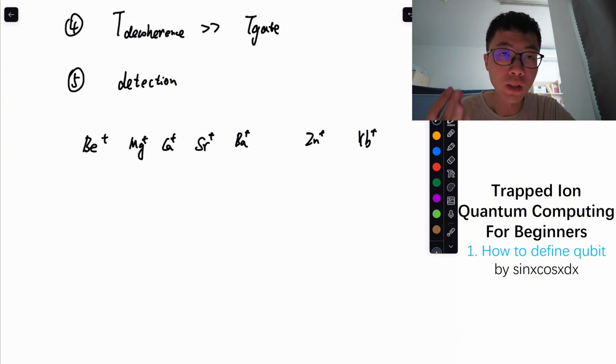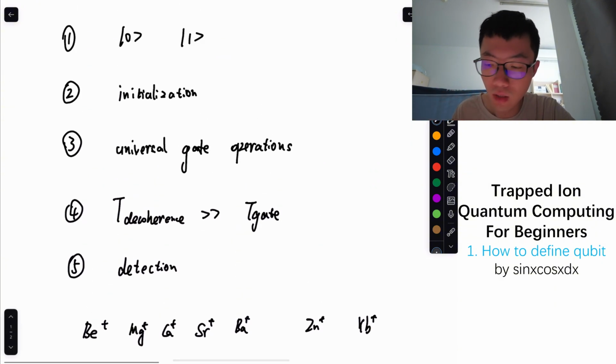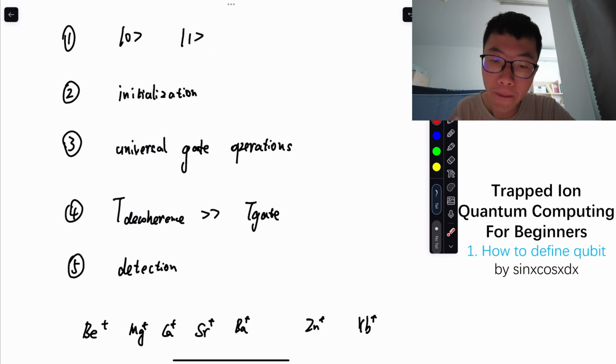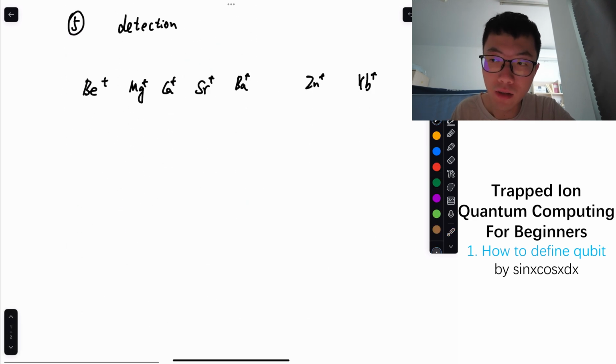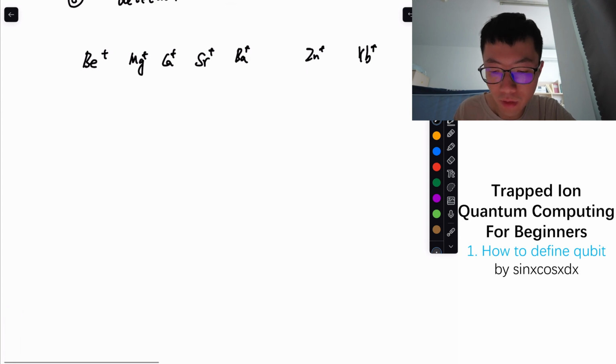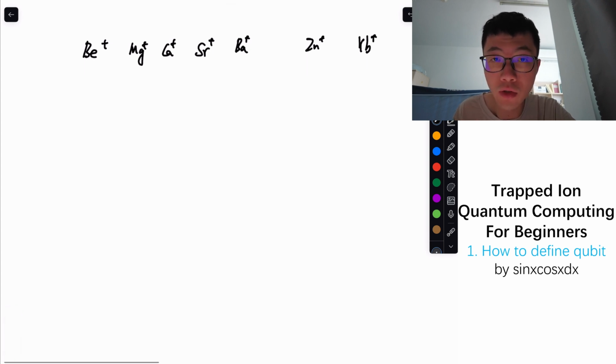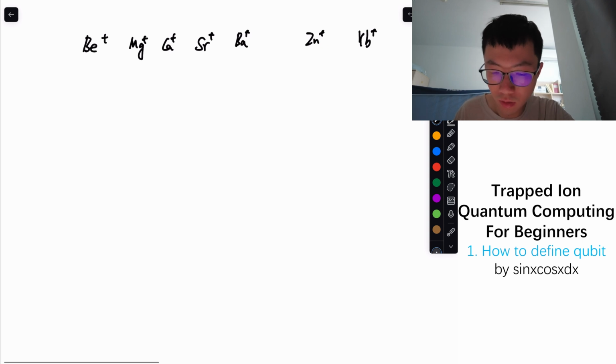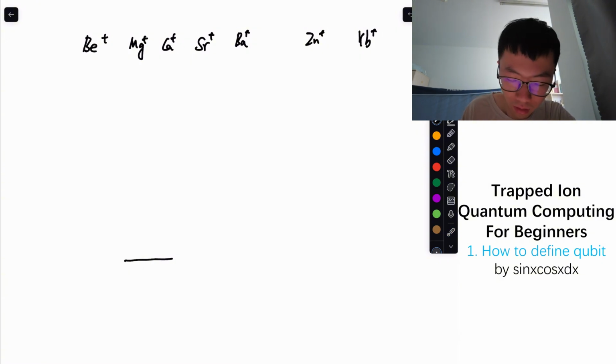How can we choose from the energy levels to form a qubit system and to define 0 and 1? There are several different choices. As we all know, the hydrogen atom, or just these hydrogen-like ions, have a quite simple energy structure.